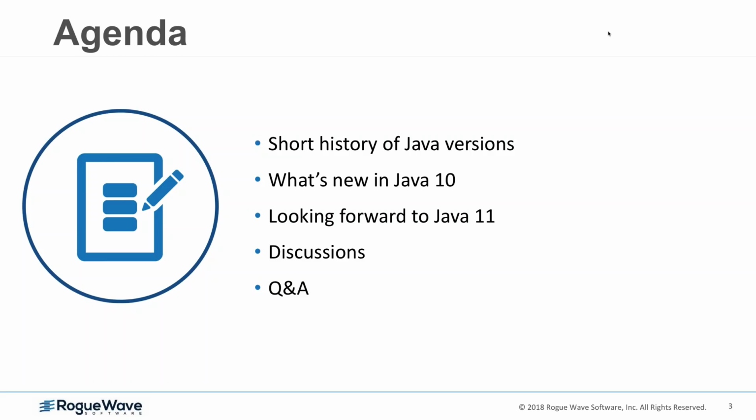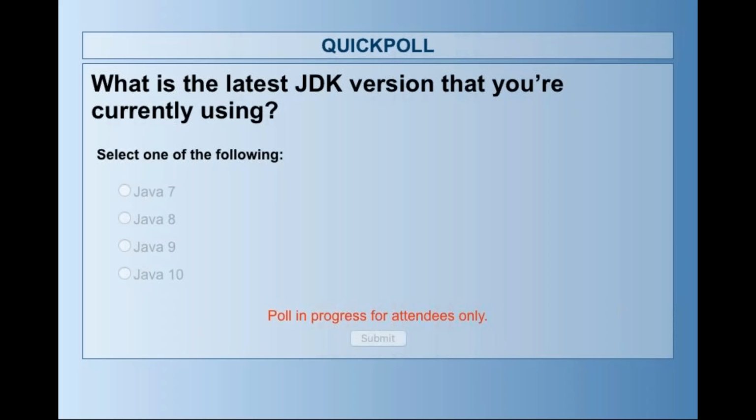And actually, before we get started, we do have a quick poll about the different Java versions. So the question is, what is the latest JDK version that you're currently using?